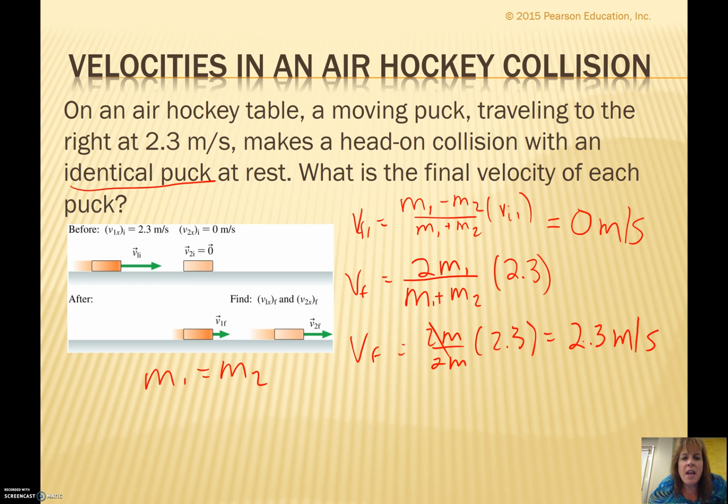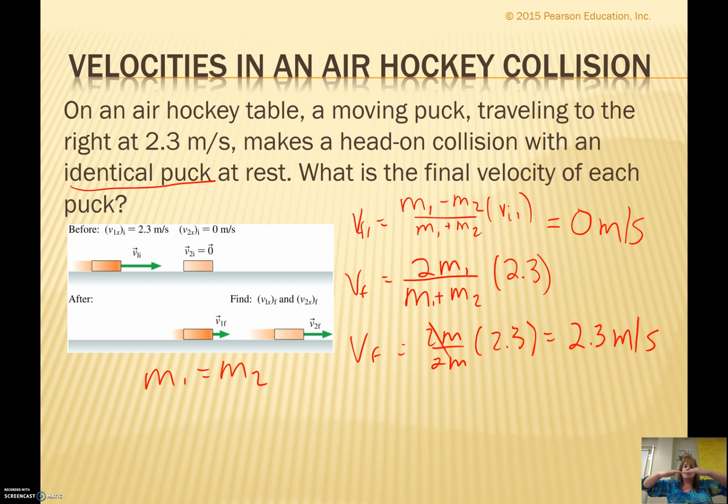Now, think about what you did in that momentum activity on the first day of the momentum unit. Remember how you had one car moving and one car at rest, and you put the magnet sides together? Remember that the one car that was moving stopped, and it transferred all its momentum to the other car, which went off. So one went and the other one stayed.